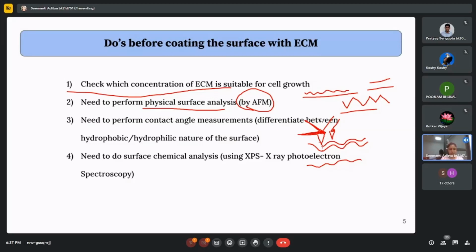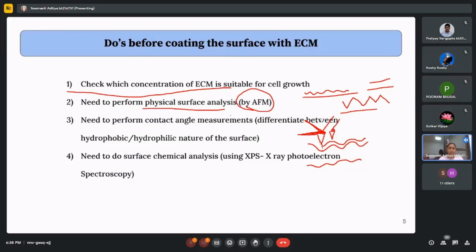It is measuring the surface dynamics, and it can even detect DNA. You can see DNA using this technique. So it is very sensitive, and very prone to being affected by vibration outside. So physical surface analysis is performed by this kind of microscope.